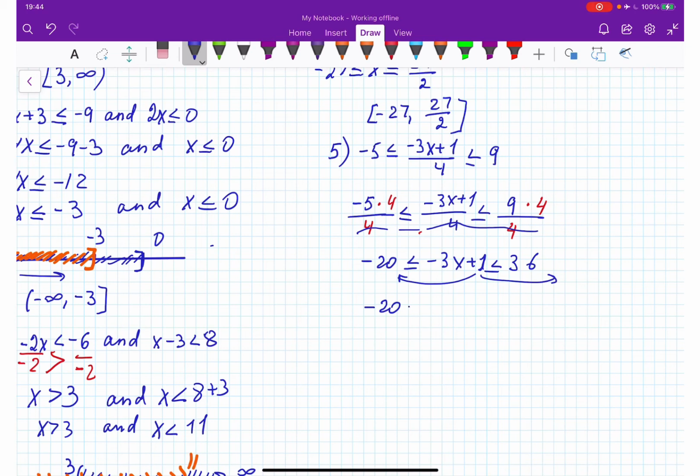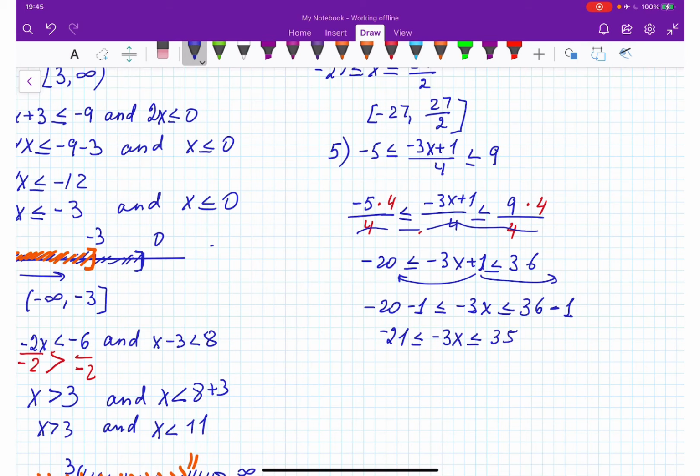Negative 20 minus 1, less than or equal to negative 3x, less than or equal to 36 minus 1. What do we get from here? Negative 21 less than or equal to negative 3x, and less than or equal to 35.